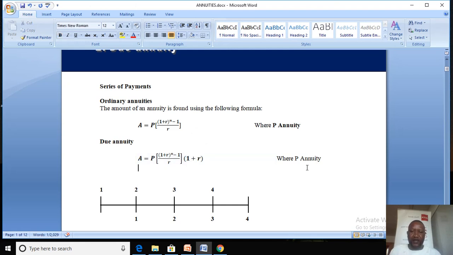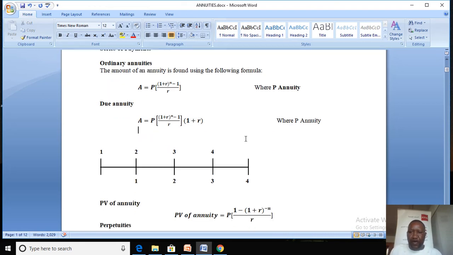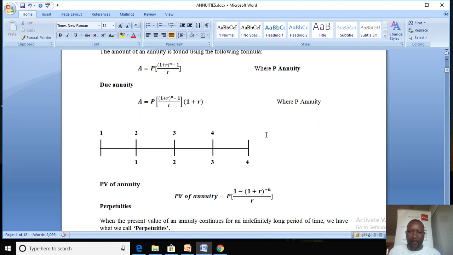So let me explain the reason why we have that difference between the two formulas. We've said that with an ordinary annuity, you are making payments at the end of the period. So let's look at the numbers down here as time points when you are making those payments. The first payment you will make at the end of period 1, which is the start of the second period, then the second payment, the third payment, and the fourth payment.